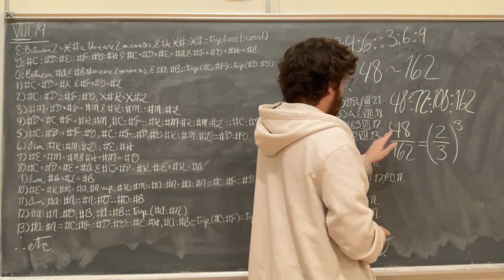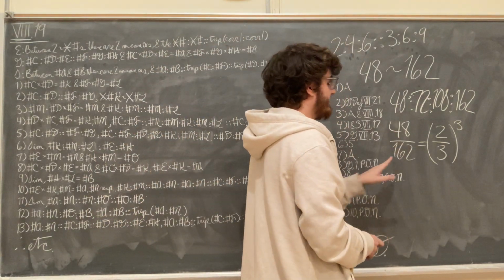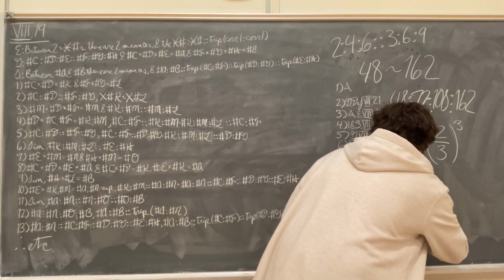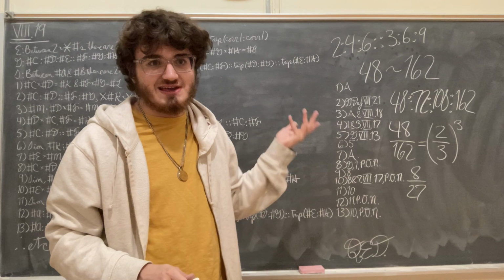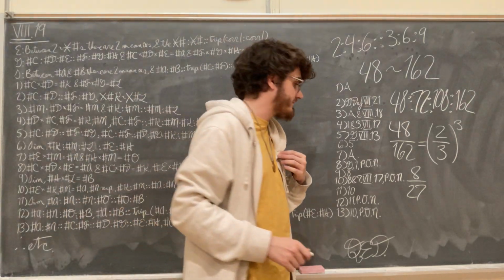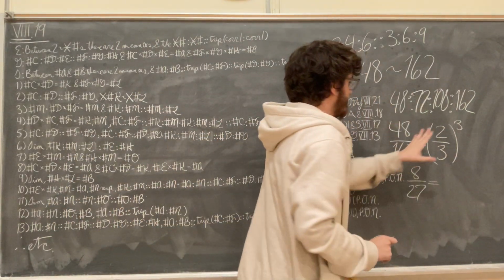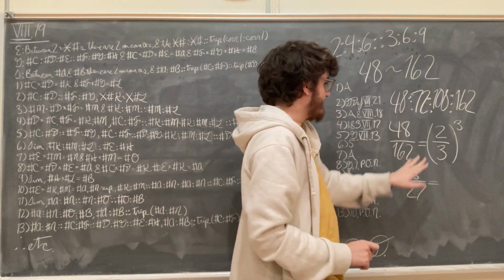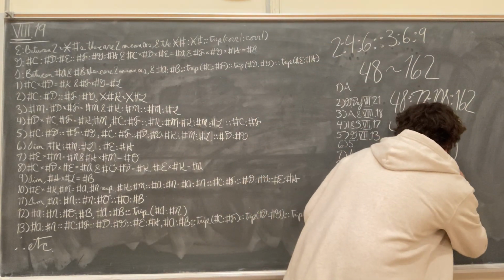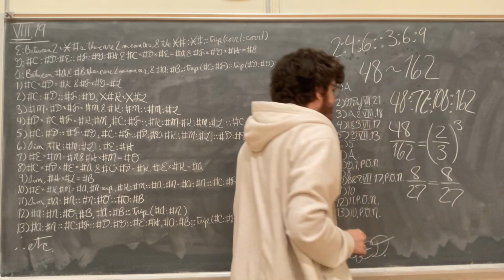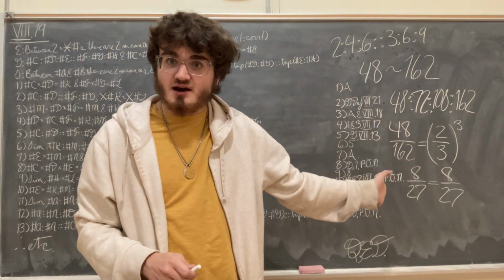So let's work that out. 48 to 162 is the same if we reduce it to 8 to 27. Those numbers are prime to each other, so we can't reduce the ratio any further. But what if we cube 2 over 3? Well, 2 cubed is 8. 3 cubed is 27. So that would give us 8 over 27. And we see that these ratios are in fact true.